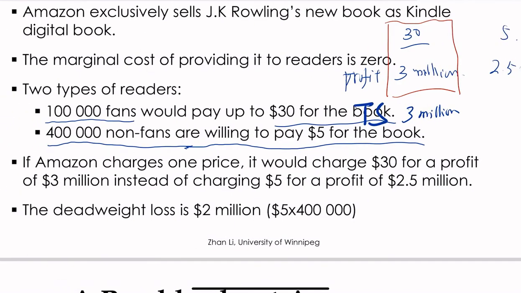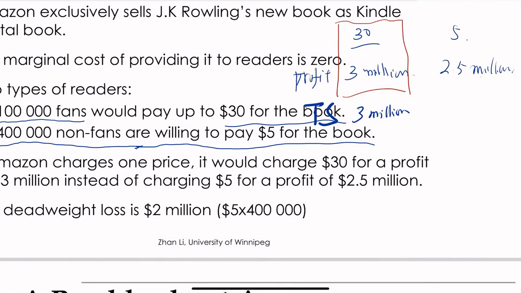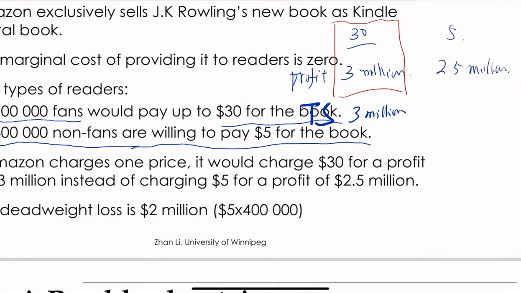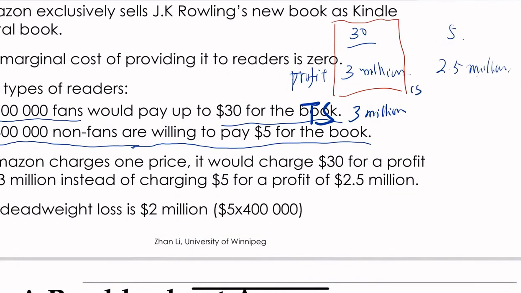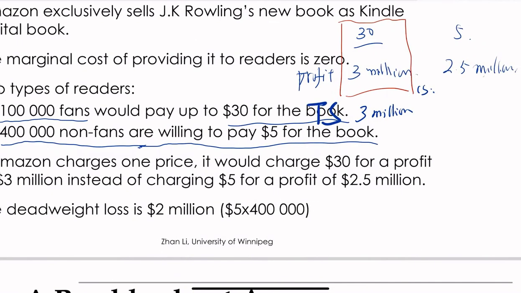To be more specific, their consumer surplus is given by their willingness to pay minus 5, which is the price they actually pay, times the number of copies, which is 100,000. So this gives us 2.5 million.